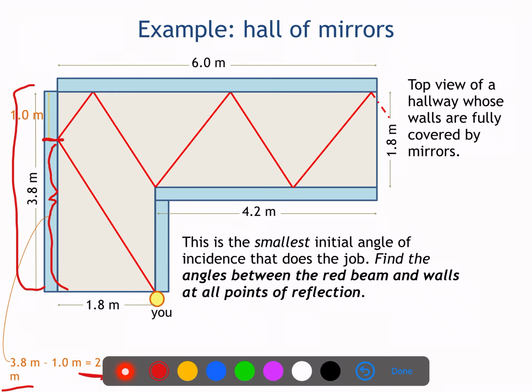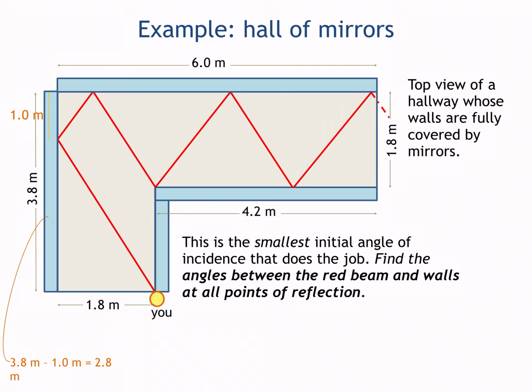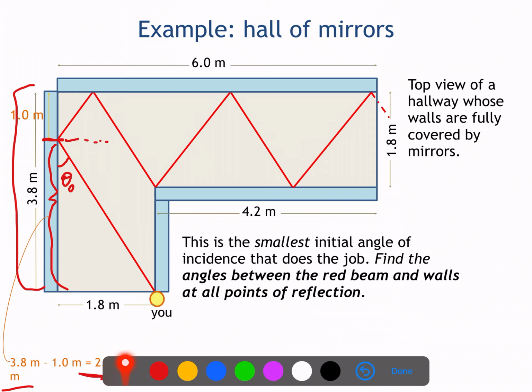Now, based on some properties of trigonometry, I can find something out about these angles. So, for example, this angle here, I'll call this theta 0. The tangent of that angle will be equal to the opposite over the adjacent, 2.8 that we just talked about. In fact, let me write it up here so it's easier to see.